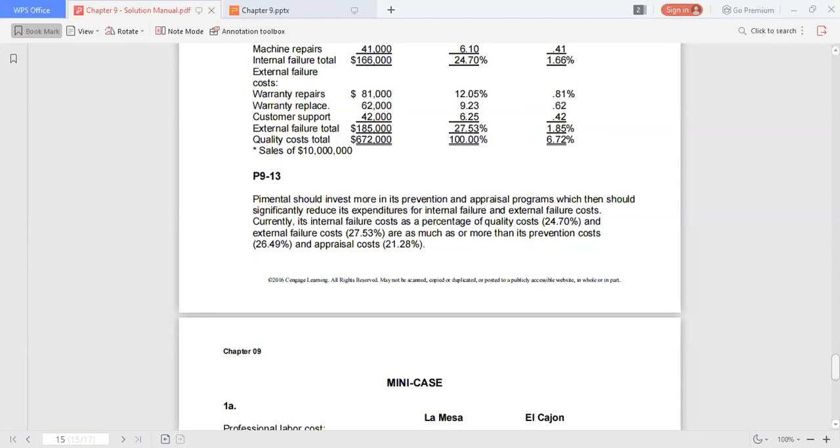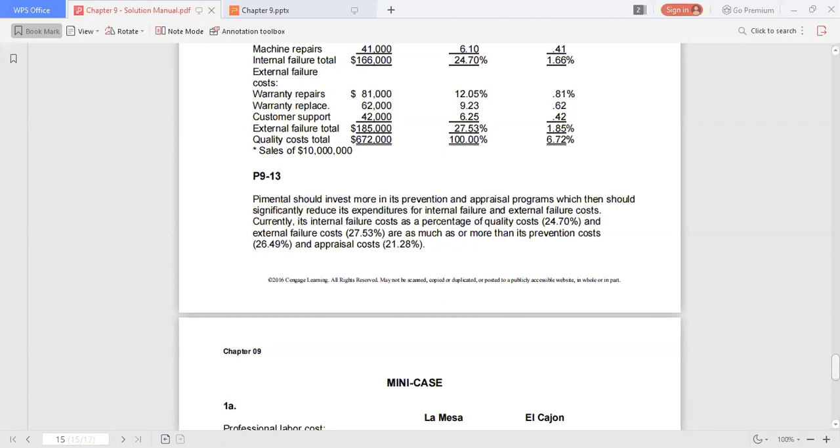Alright, so these are the answers that we have to the problems and to the exercises. Now, for Thursday, we are going to take up the remaining problems as well.